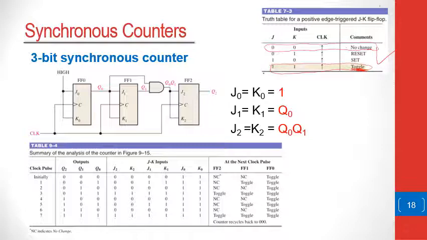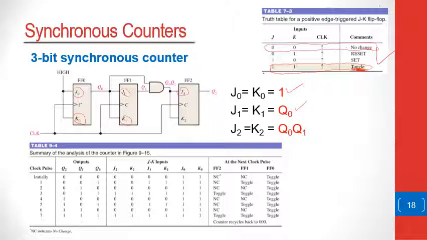We'll see why later. And if we look at the combinational logic inputs here, let's look at J1, J0, K0. So J0 and K0 are always high, which is 1. And then J1 and K1 are also from a common input, which is Q0.